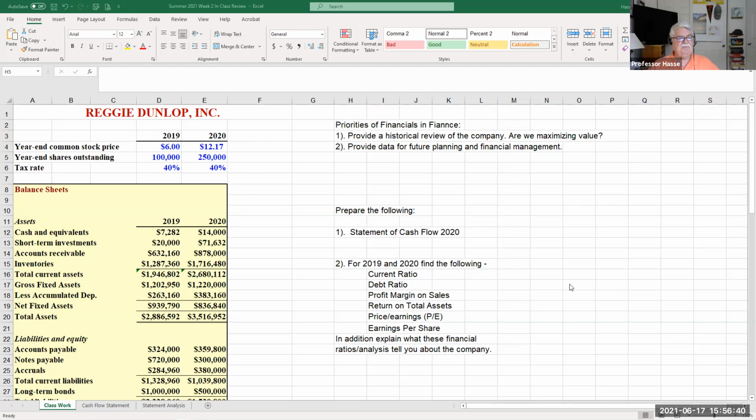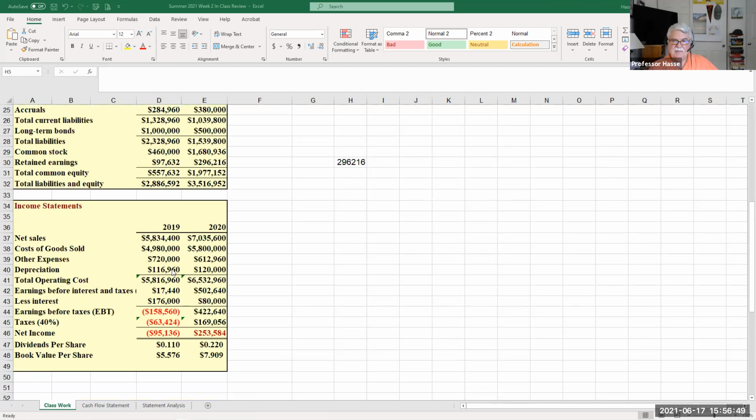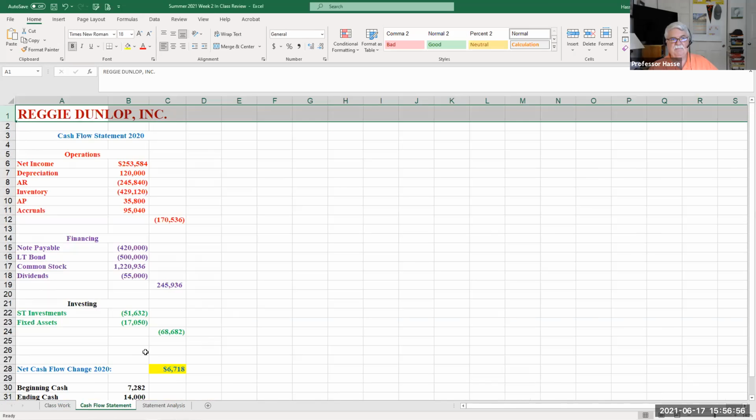And remember the three financial statements: the balance sheet, a statement of financial position on a given date; the income statement, the statement of revenues and expenses for a period of time; and the cash flow statement, a statement of cash coming in and going out of our business during a particular period of time. These three statements tell us what's our historical perspective of our company. That's what chapter 3 is about.